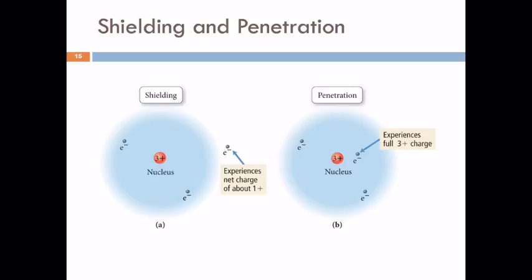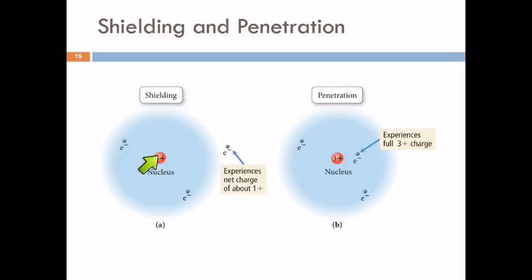So lithium has 3 electrons and it has a +3 charge on its nucleus. Here's the +3 nucleus, and these 2 electrons are in the first energy level, in the 1s orbital, so they're going to be close to the nucleus. And this electron is in the second energy level, which on average is farther away. Remember these electrons are really more of a standing wave. It's not that they're just here and here, but really they're kind of occupying this whole space.